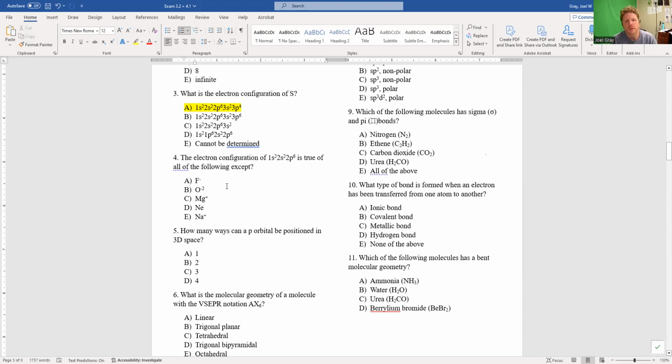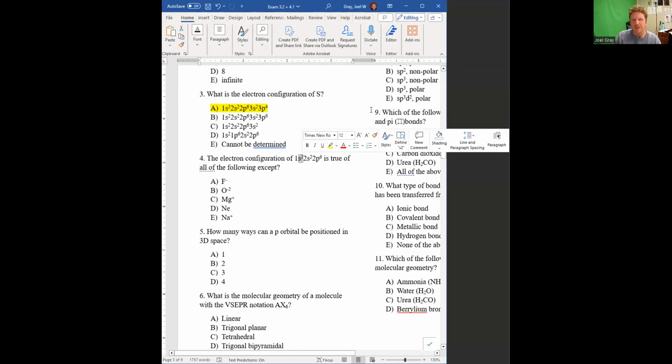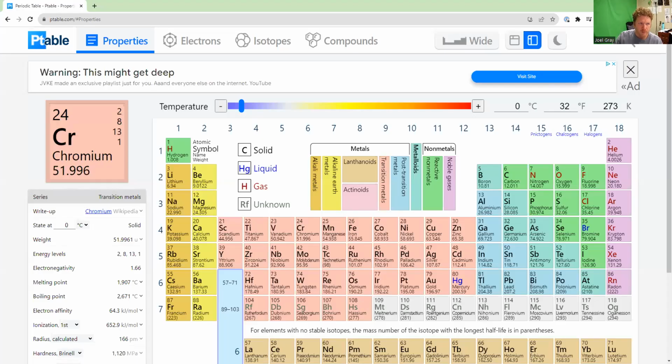Number 4, the electron configuration of 1s2, 2s2, 2p6 is true of all of the following except. Okay, so this is another question where you want to reference the periodic table. And when you reference the periodic table, you're looking for any species that has a total of 10 electrons. So when we look at the periodic table, what has 10 electrons?